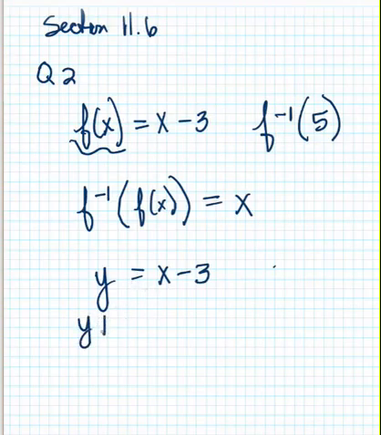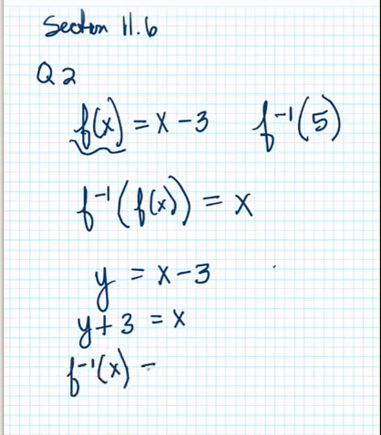We'll say y plus 3 equals x. And so now we have the inverse function, actually. That's it. The inverse of subtracting 3 is adding 3. All right? So now to get the inverse function, we'll replace the x with a y, and we'll replace the y with an x.